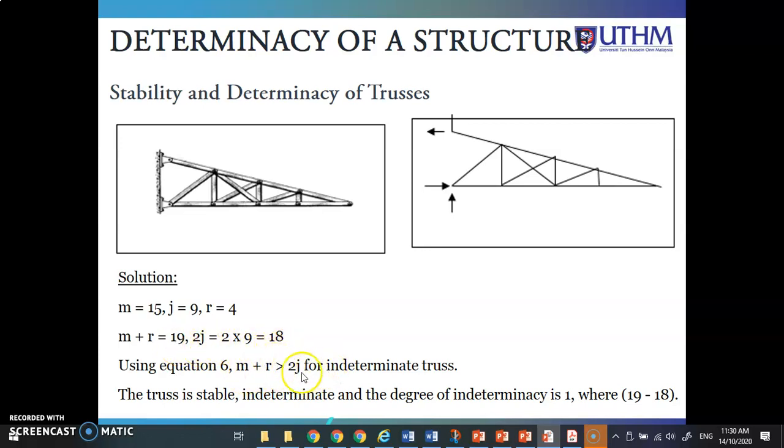So by using this equation, it shows that this is the indeterminate truss. So sama juga dengan kalau kita cari determinacy of the beam ataupun rigid frame. Degree of determinacy dia adalah beza antara M plus R and 2J. So this have 1 degree of determinacy.